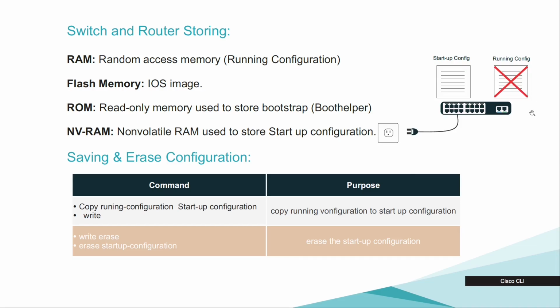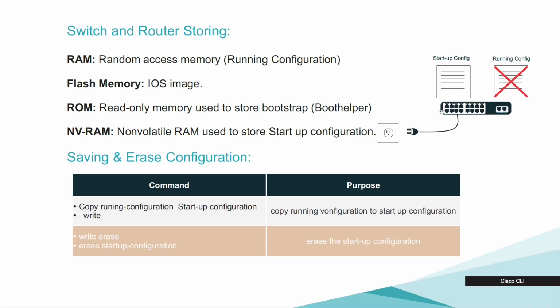If we don't want this to happen, we can move our configuration to something called the startup configuration. If we move our configuration to the startup configuration, and then reload or disconnect the power to our switch, we will still have our configuration saved on our switch.